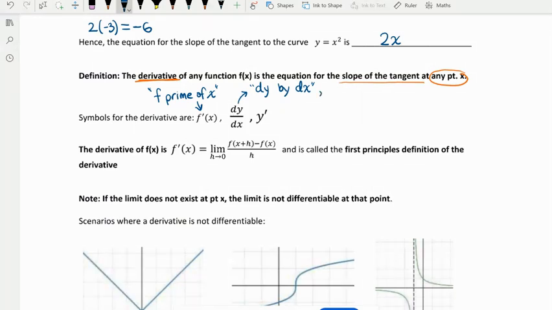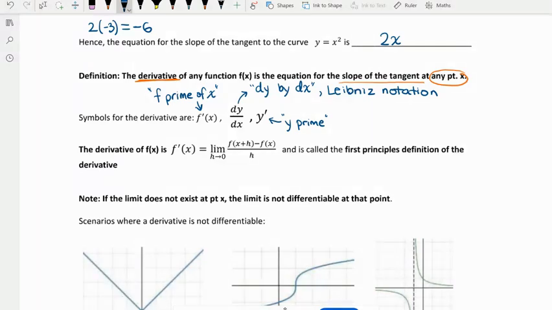There's another name for this specific notation. It's called the Leibniz notation. He was one of the mathematicians that contributed to the development of calculus. And another method, we can write simply y prime. So just different ways of reading or writing derivatives.